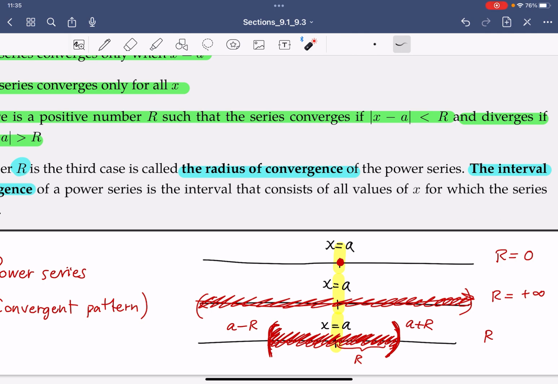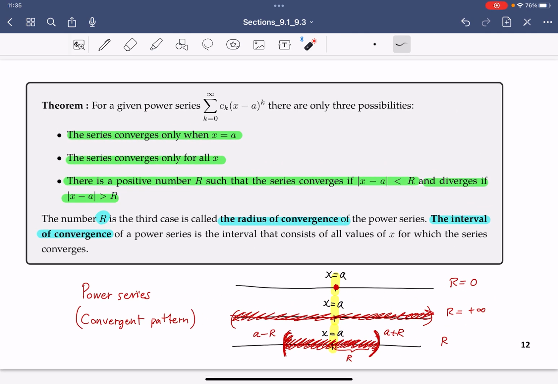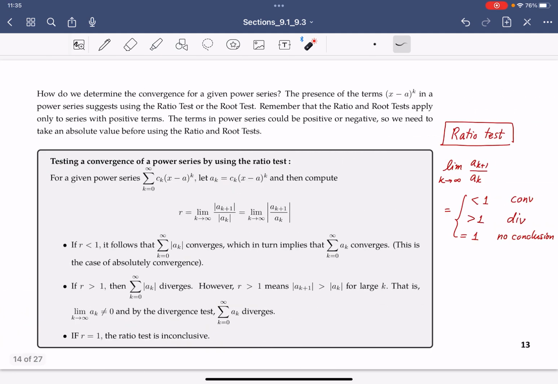Does it make sense? On Wednesday, we're going to come back with more examples, and we can use the root test as well. If you don't like the ratio test, you can use the root test, because the conclusion for the root test is going to be the same.